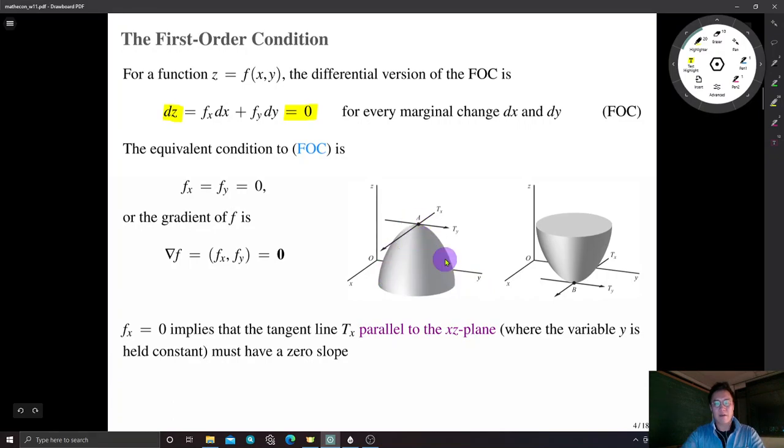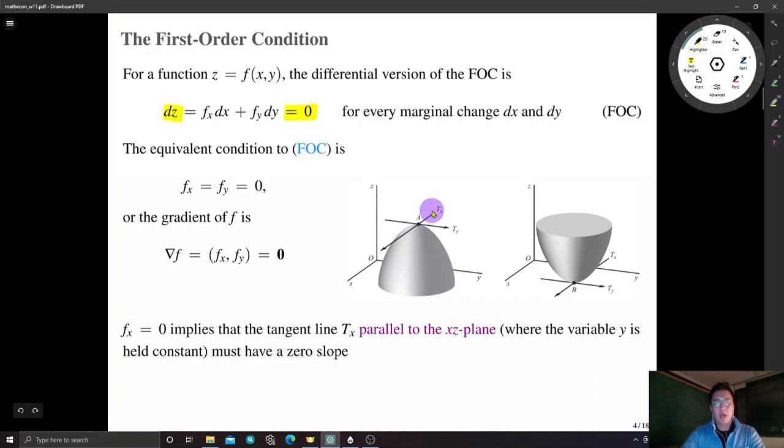From this graph, we can see that the function has a local max, actually a global max, at point A. So f sub x equal to 0 implies that the tangent line t sub x is parallel to the xz plane. If you think about this tangent line passing through point A, that is a tangent to the graph of the function at point A. Okay, so that has a zero slope.